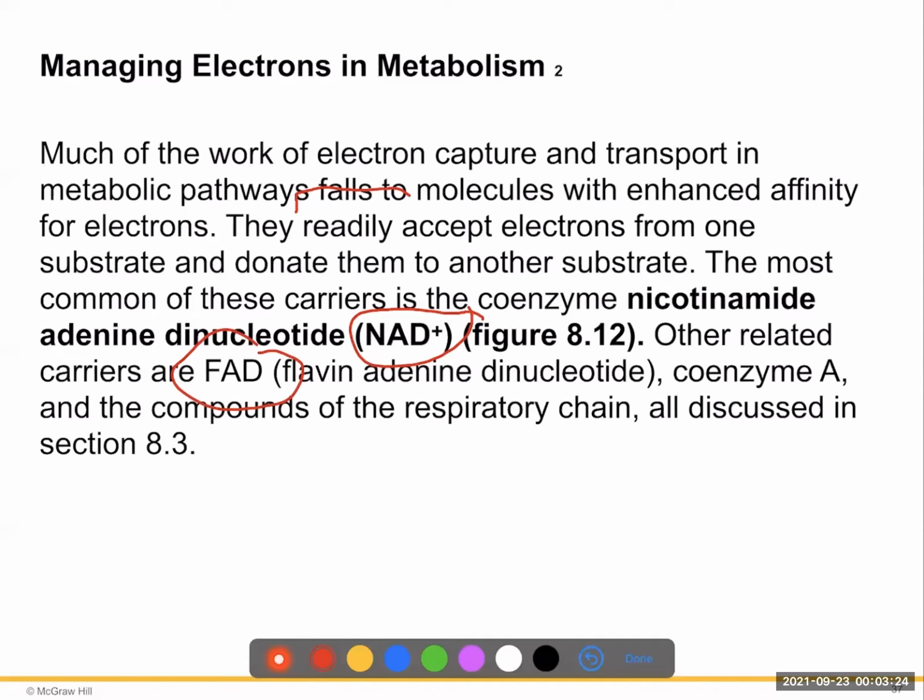Nicotinamide adenine dinucleotide is NAD, and flavin adenine dinucleotide is FAD. Both of those are used to transport or collect electrons and send them down the electron chain to make a lot of ATP during the oxidation of glucose. Coenzyme A is also used in the process. Okay. Other compounds are used in the respiratory chain.